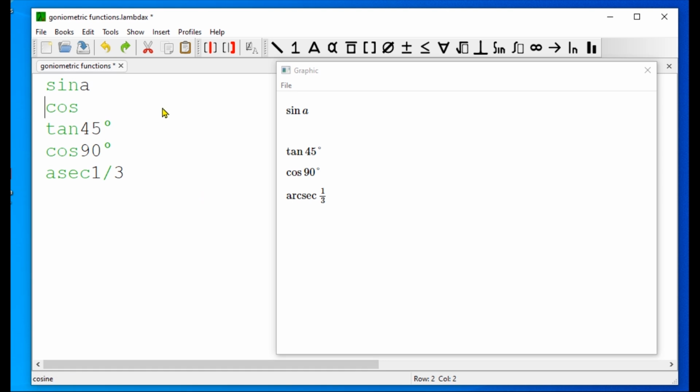Furthermore, JAWS text-to-speech will read the term as cosine and not simply as cos, so the term is exactly recognized and there is no ambiguity, for example, between the cosine of alpha or the cosine of A and different similar words.